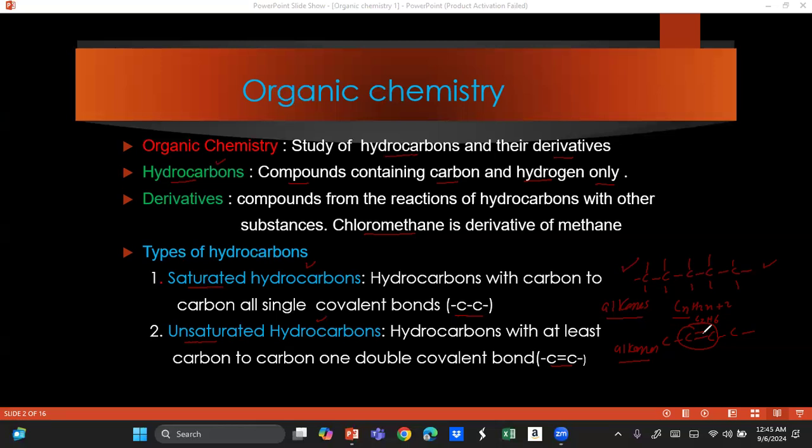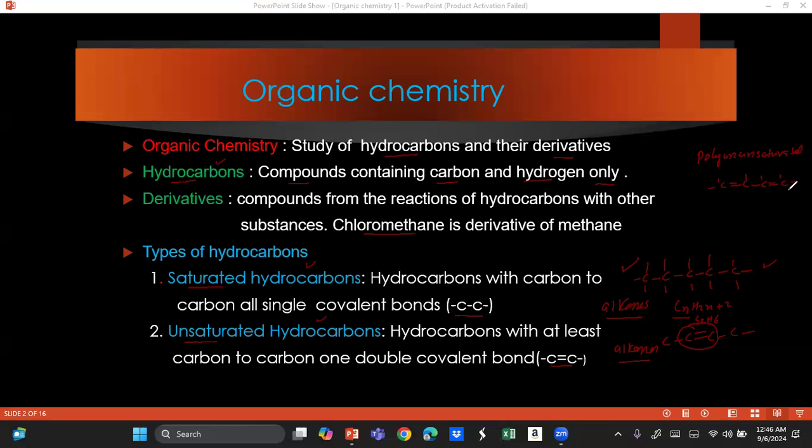Saturated hydrocarbons are the hydrocarbons containing all single covalent bonds between carbons, while unsaturated hydrocarbons must have at least one double covalent bond. If they have more than one double covalent bond, they will be known as wholly unsaturated. For example, you can see here is a double bond, here is a double bond.